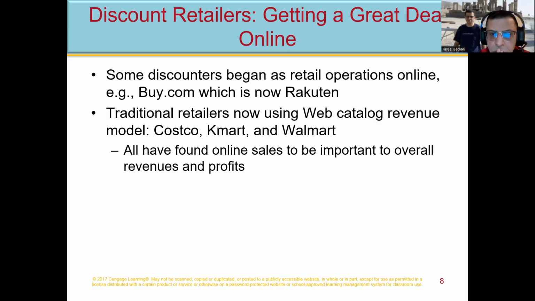The traditional retailers now using the web catalog revenue model, like Costco, Kmart, and Walmart, do have traditional retail. All have found online sales to be important to overall revenue and profit, to different degrees.